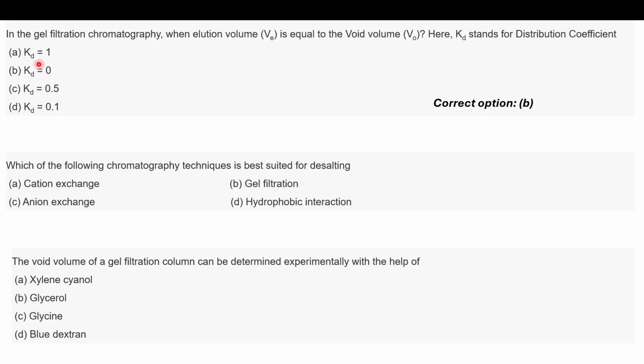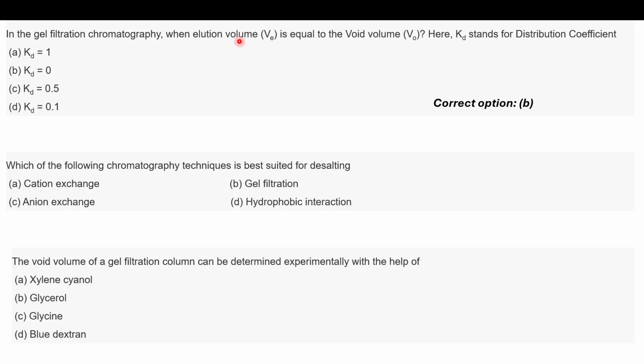So it will be 0. Now for the smaller molecules, they have access to all the pores of the matrix, so they will have a very well distributed partition along the matrix, and the value will be nearer to 1 because they have access to all the pores.